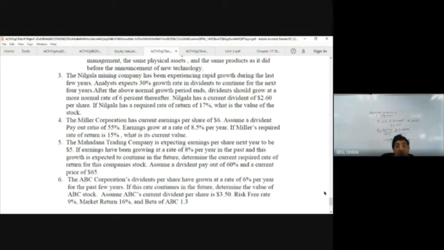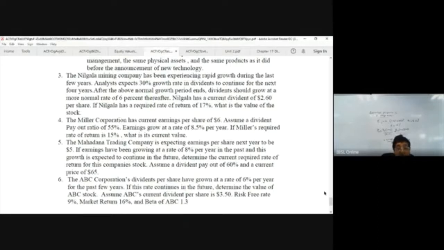Dividend payout of 60%. Now, when you say dividend payout is 60%, you can calculate the amount of dividends next year by multiplying 5 with 0.6. That is 3. Dividend is $3. $3 is the dividend amount in the next year, and it is to be divided by K minus G. So just a simple thing.